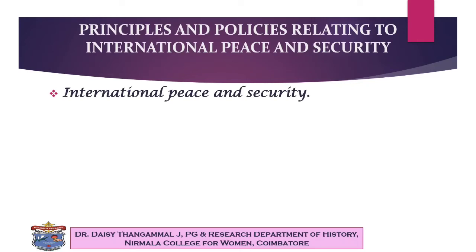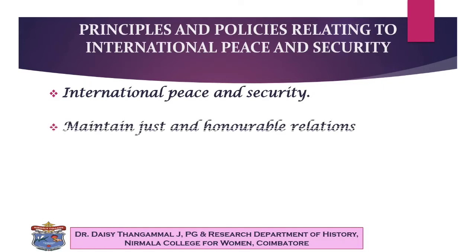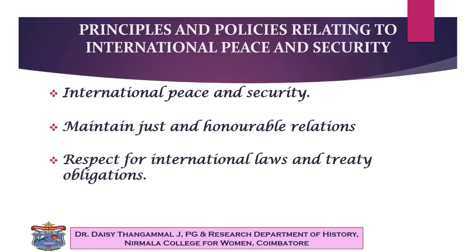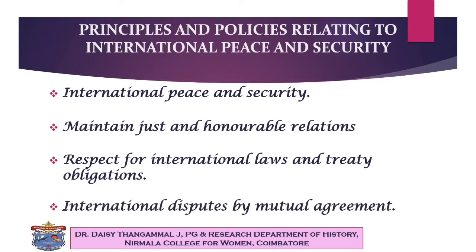Principles and policies relating to international peace and security: maintain just and honorable relations between nations, foster respect for international laws and treaty obligations, encourage settlement of international disputes by mutual agreement.